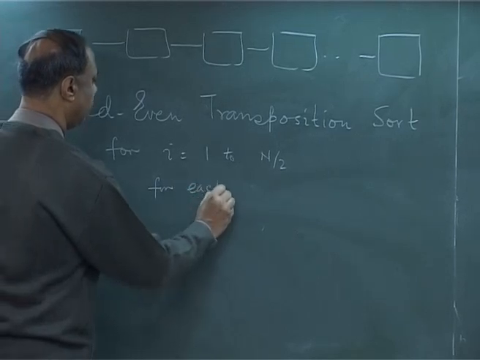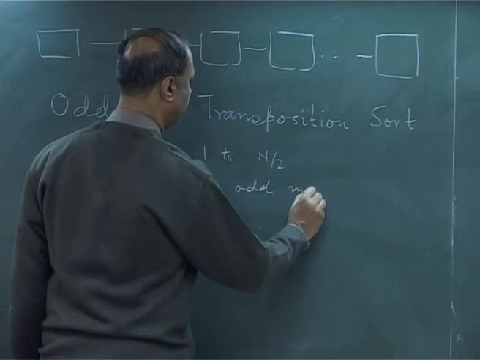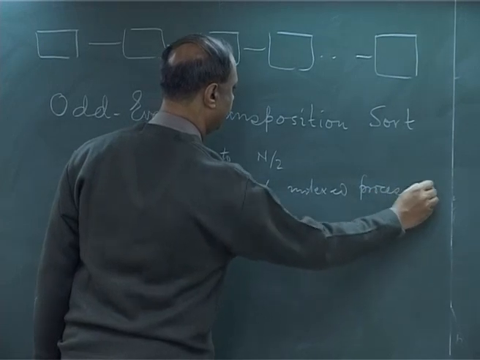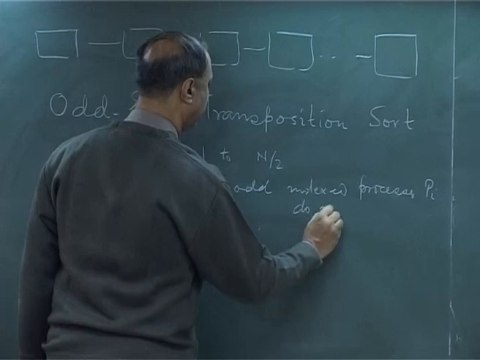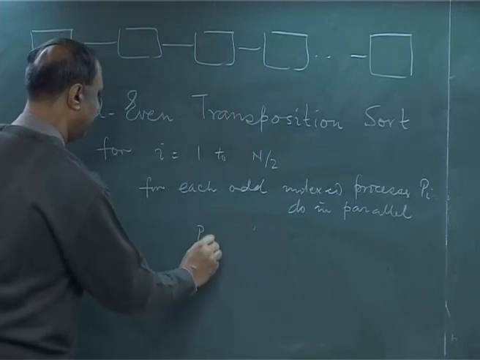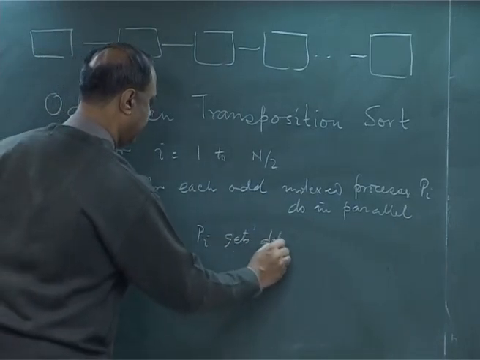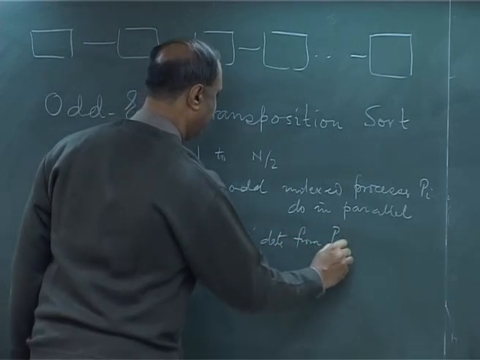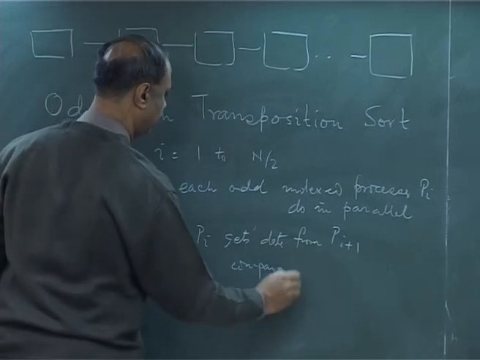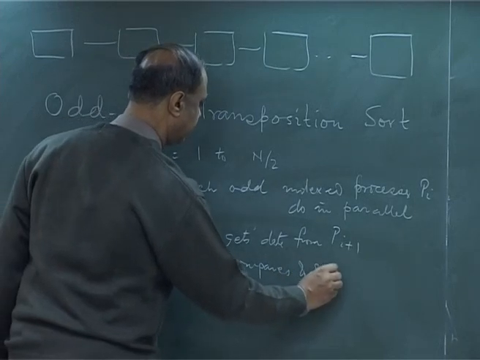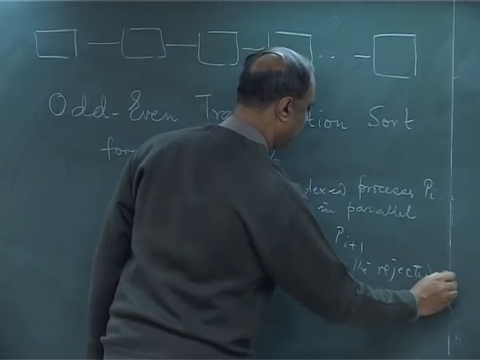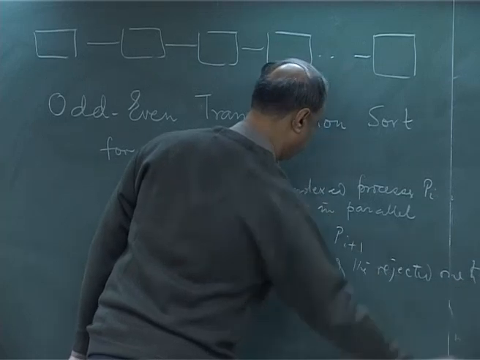For each odd indexed processor pi, do in parallel: pi gets data from pi plus 1, compares, and sends the rejected one to pi plus 1.